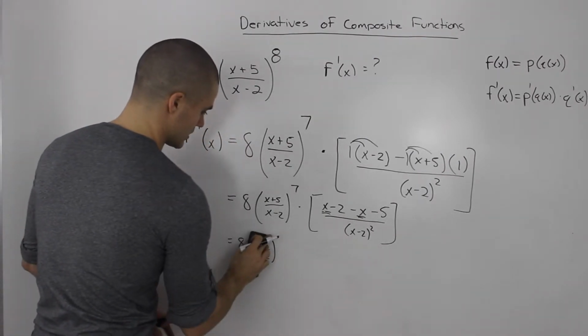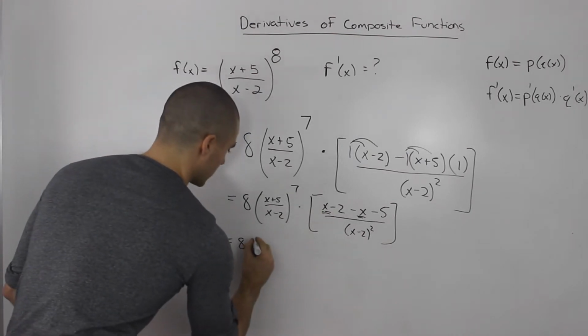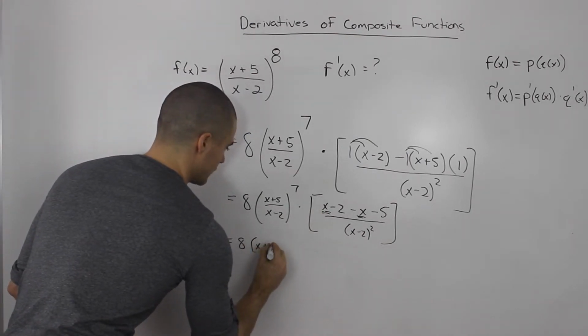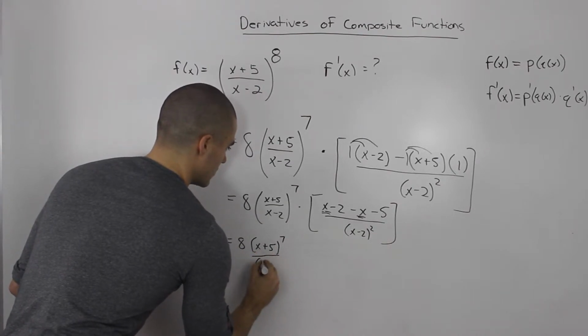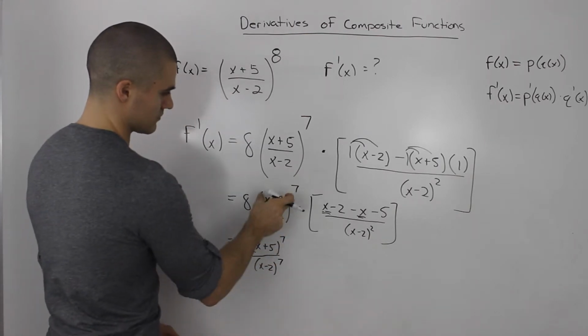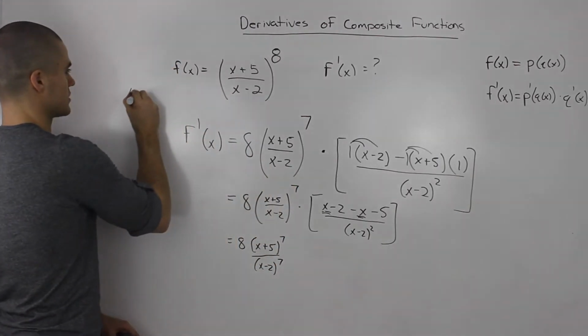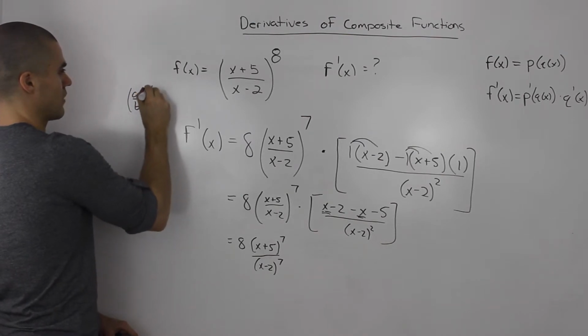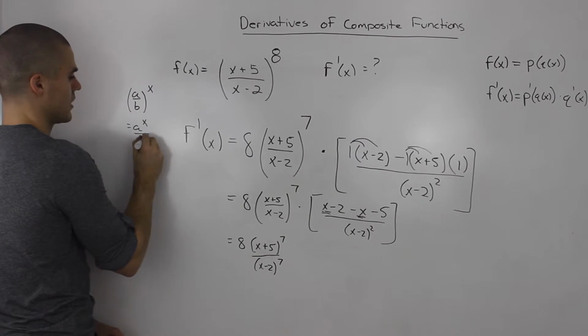You know what, actually? I am going to rewrite this because we're going to simplify it more. I'm going to rewrite this as (x + 5) to the power of 7 over (x - 2) to the power of 7, because basically any fraction to the power of x is just equal to the numerator to the power of x and the denominator to the power of x.